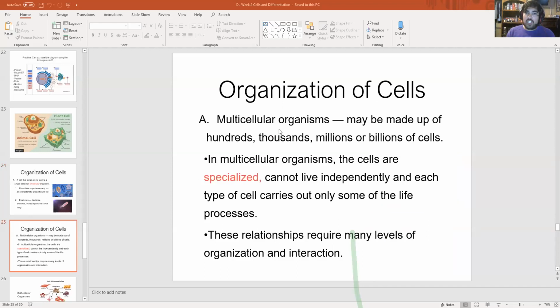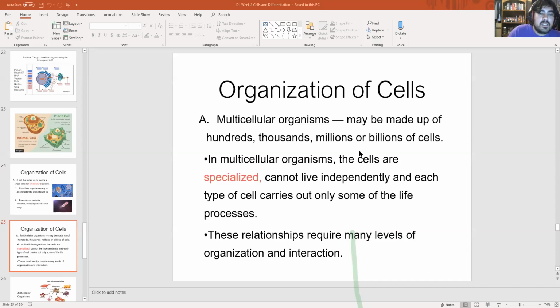Everything has a different job, and they all do that job to help each other survive. And because we have all of these different things, that's how we can do so many different things than a bacteria, which just kind of moves and eats what's around it. Bacteria does not have a heartbeat because it does not have a heart.